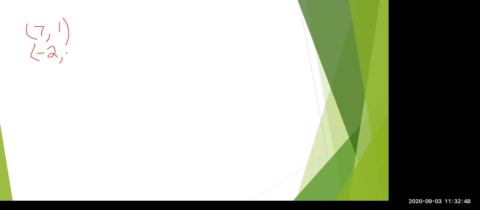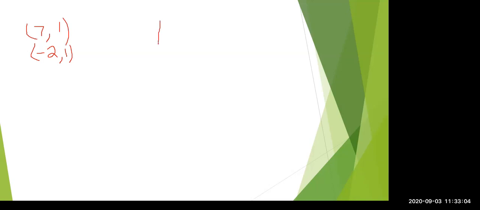Many of you may have noticed, I have said that it's not which point is first and which point is second. Just because this point is listed first doesn't mean that's the x1 and the y1.